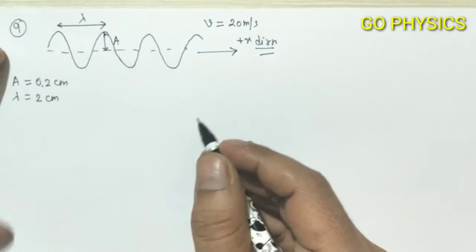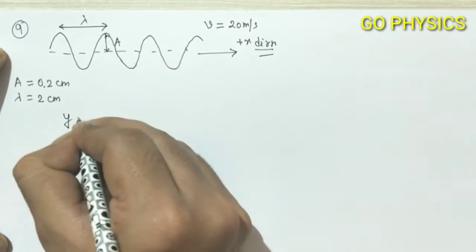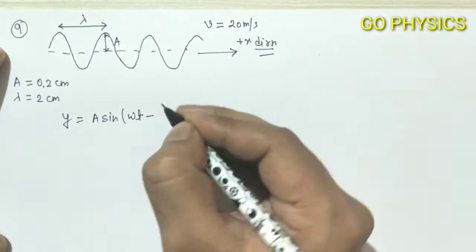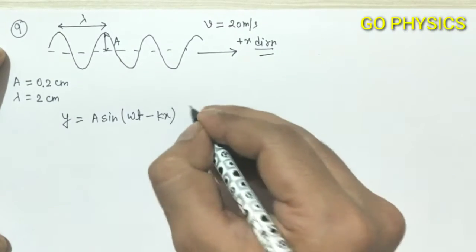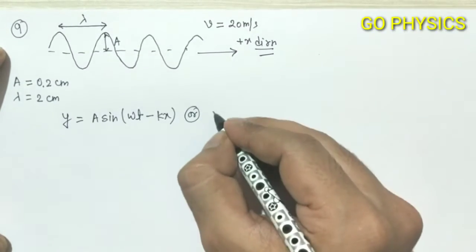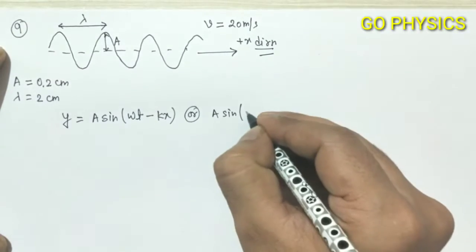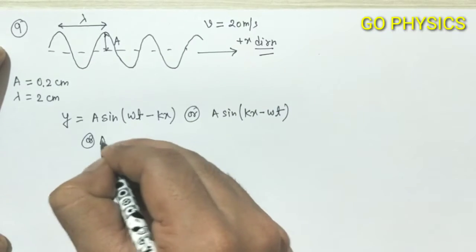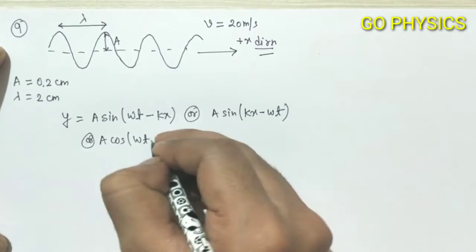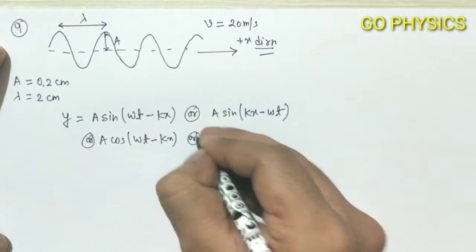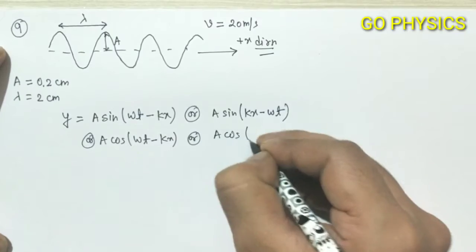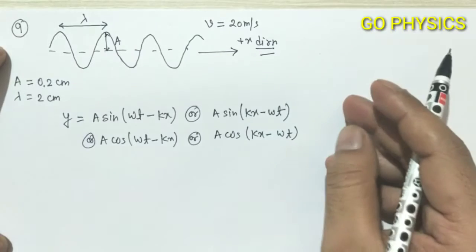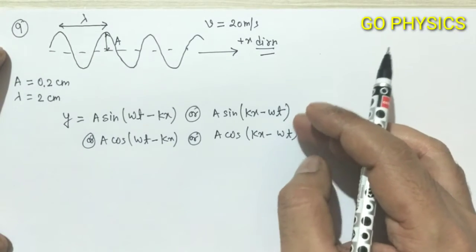As we know, the equation of a wave can have any of the four forms: a sin (kx minus omega t), a sin (omega t minus kx), a cos (omega t minus kx), or a cos (kx minus omega t), depending upon the initial phase.